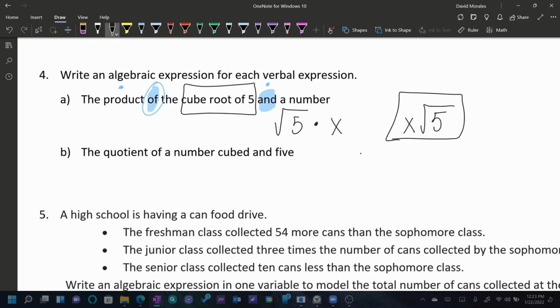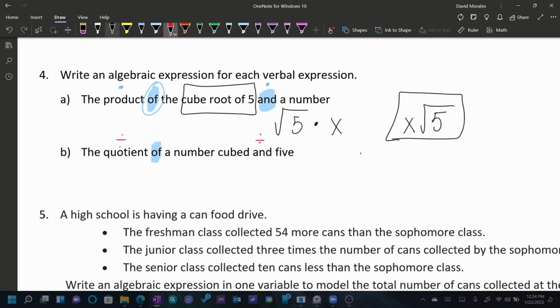The second one, the quotient of. So I see quotient, or I see the word of. What is this group doing? This group is doing division. And you put the division where you see the and.